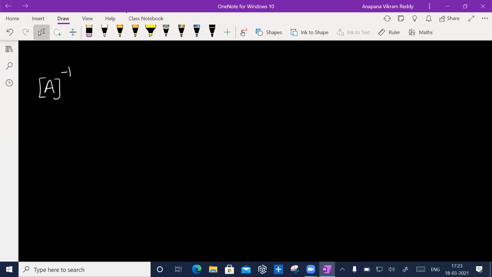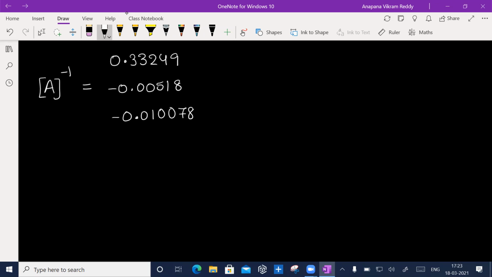Okay, don't worry. So now the very first column of A inverse is 0.33249, minus 0.00518, minus 0.0100, say, okay, 78, whatever.